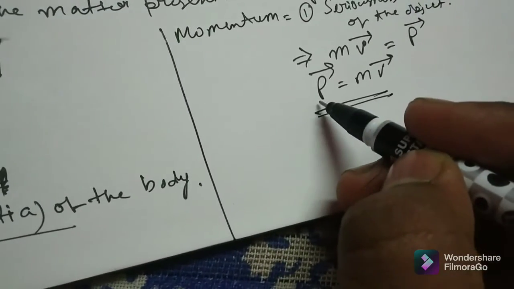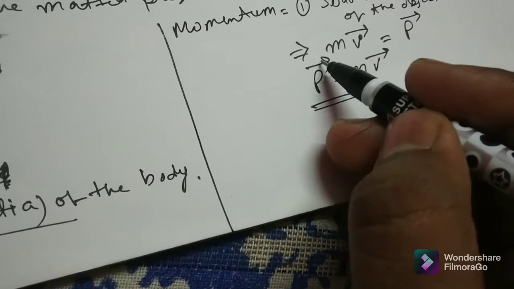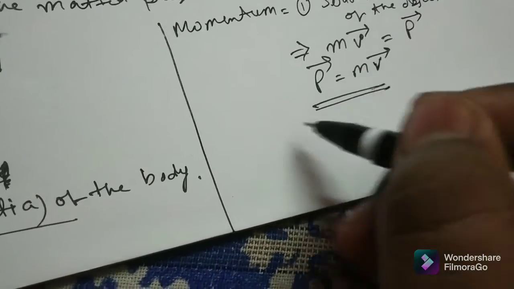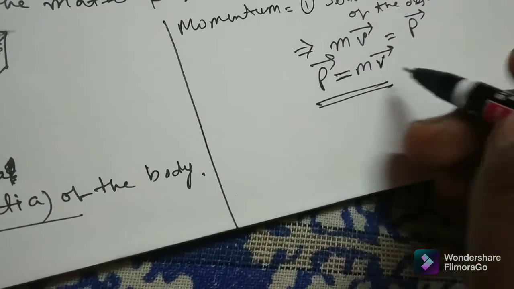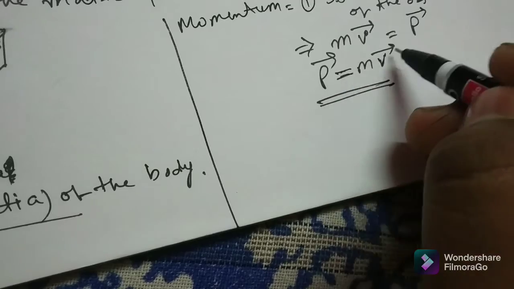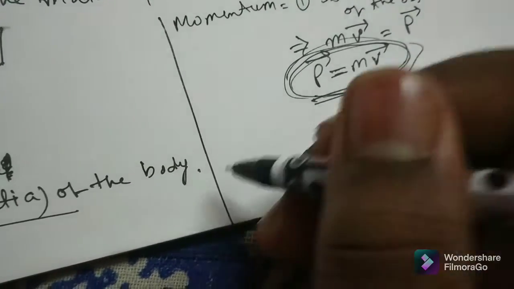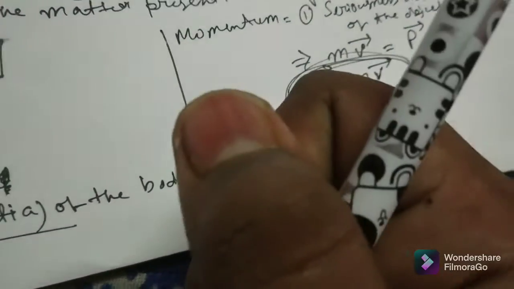Here p, as scientists denote it, is a vector sign. It has a particular direction. We all know vectors. So p equals mv. This fundamental mathematical quantity is called momentum: mass times the velocity of the object.